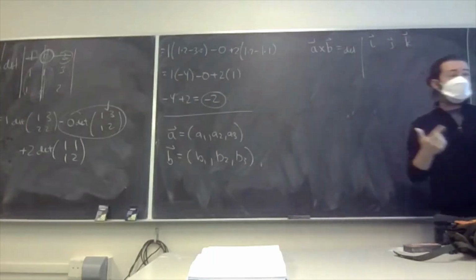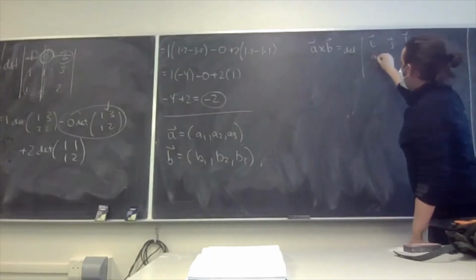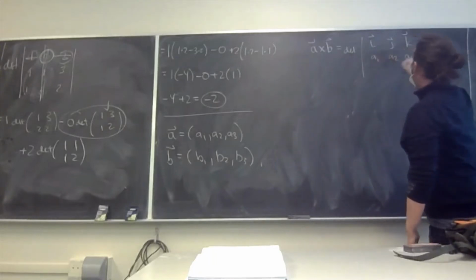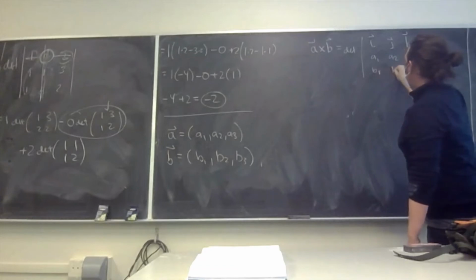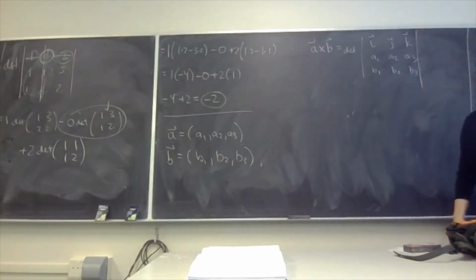Those are the unit vectors in R3. Then A1, A2, A3, B1, B2, B3. And when you compute this, you get the exact same formula that we wrote out.